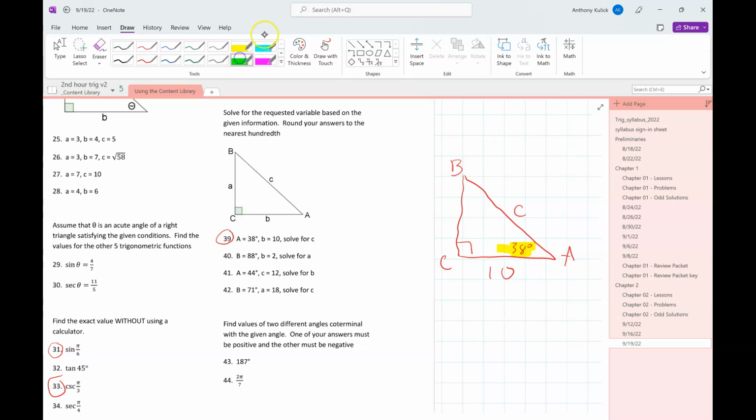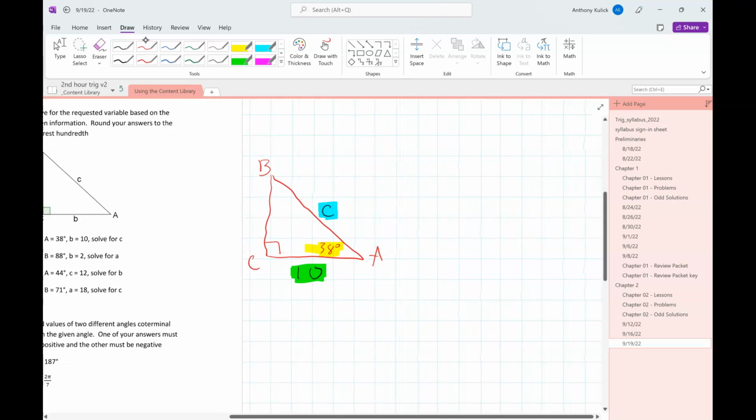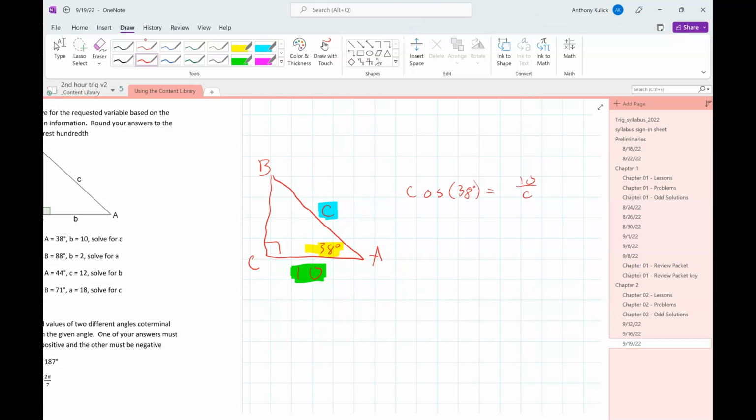So relative to that angle, the 10 is adjacent, and the C is hypotenuse. So the trig function I want to use should contain the adjacent and hypotenuse. So I'm going to use cosine, which I know is adjacent over hypotenuse.